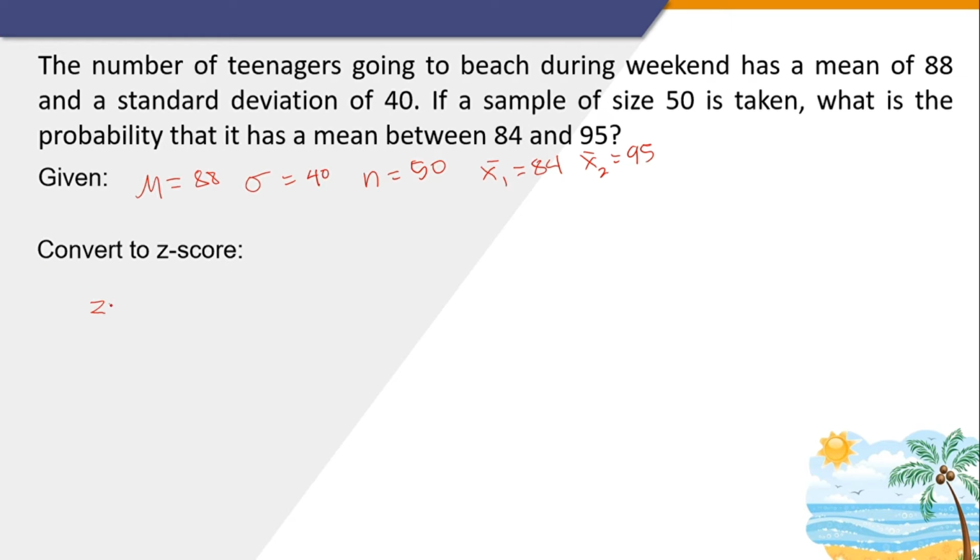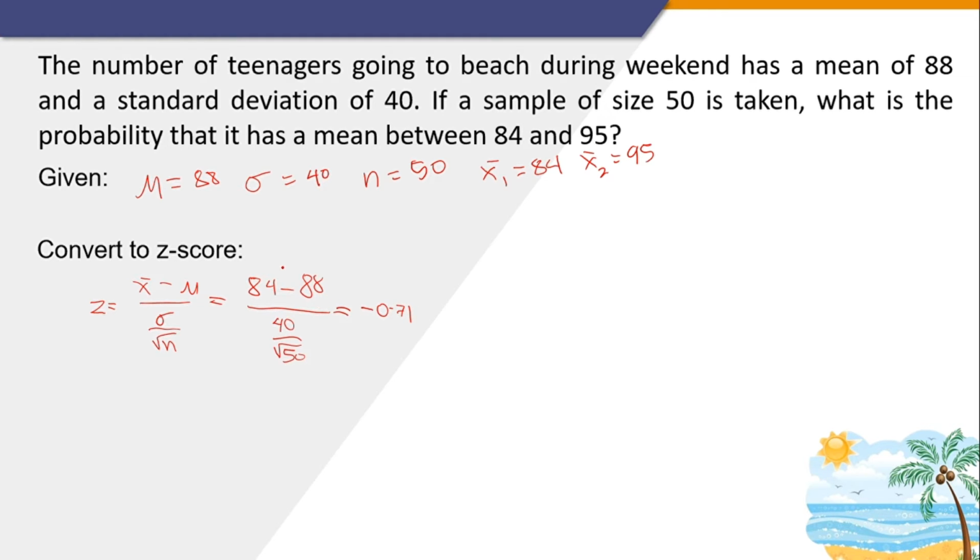So, yung z-score formula is the sample mean minus the population mean over the population standard deviation over the square root of n. So, unahin muna natin yung sample mean natin na ito, 84. So, 84 minus the population mean, which is 88, divided by the standard deviation, which is 40, divided by the square root of 50, and this is equal to negative 0.71.